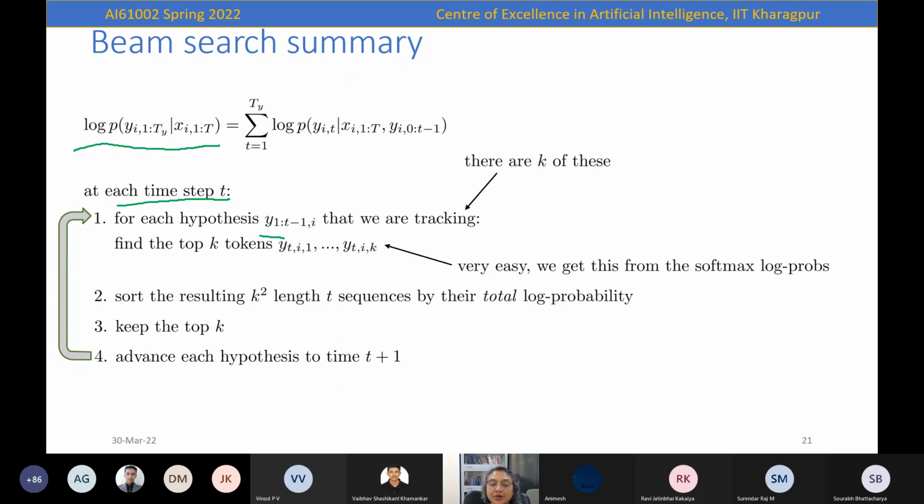For each such hypothesis that you are tracking, you find the top k tokens at this step. And you get k square sequences of length t, and find out the total log probability of each of these k square sequences. Out of this, you keep the top k sequences, and then you proceed to time step t plus 1.